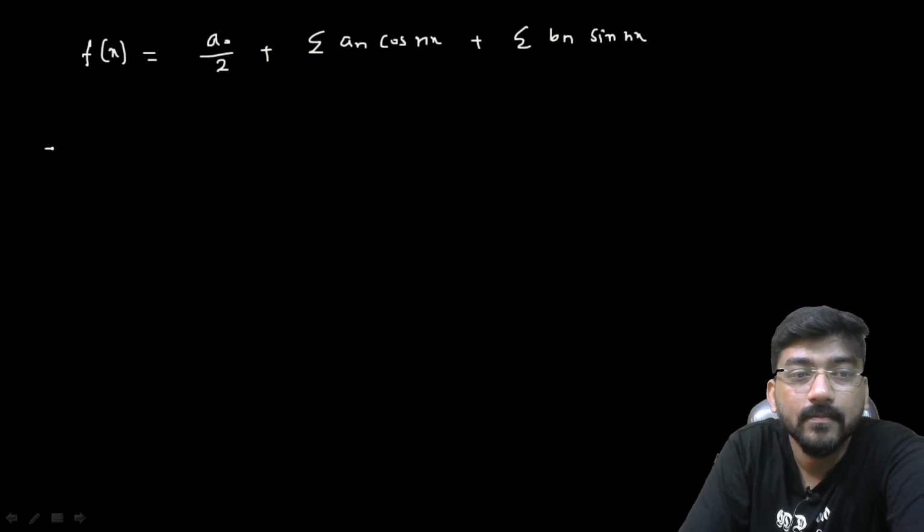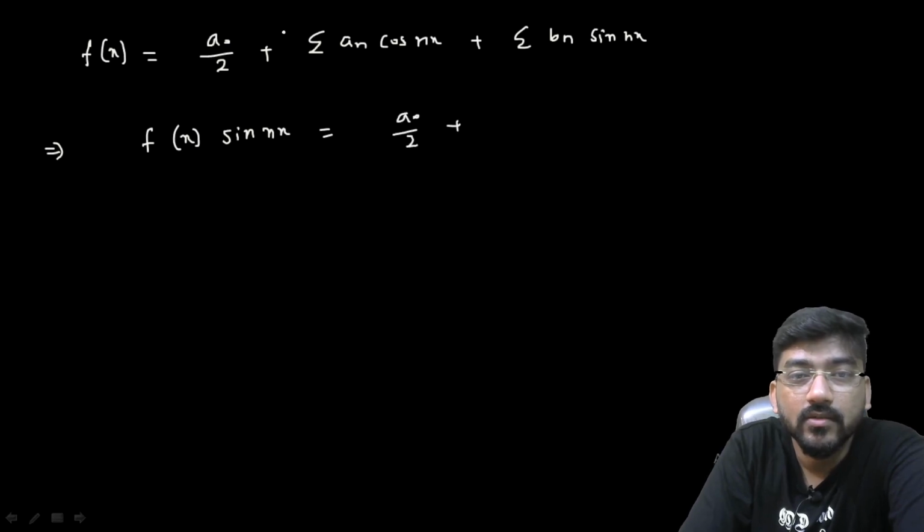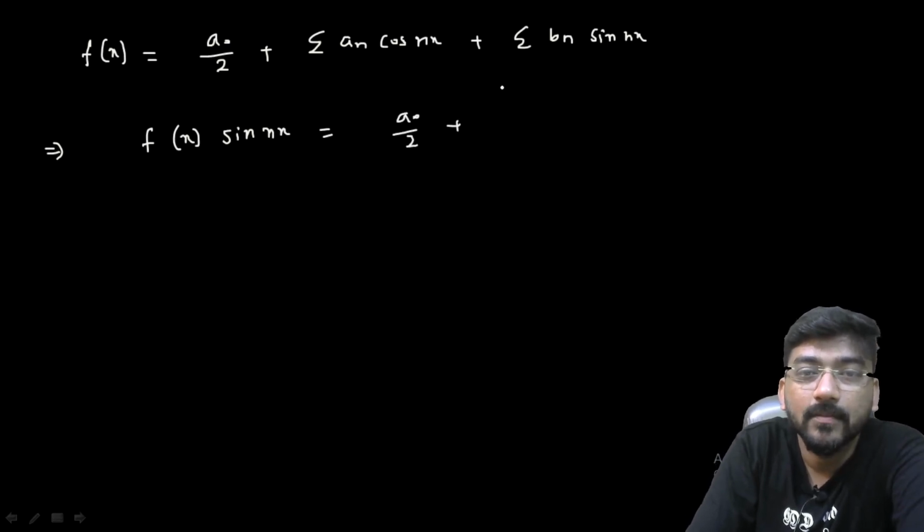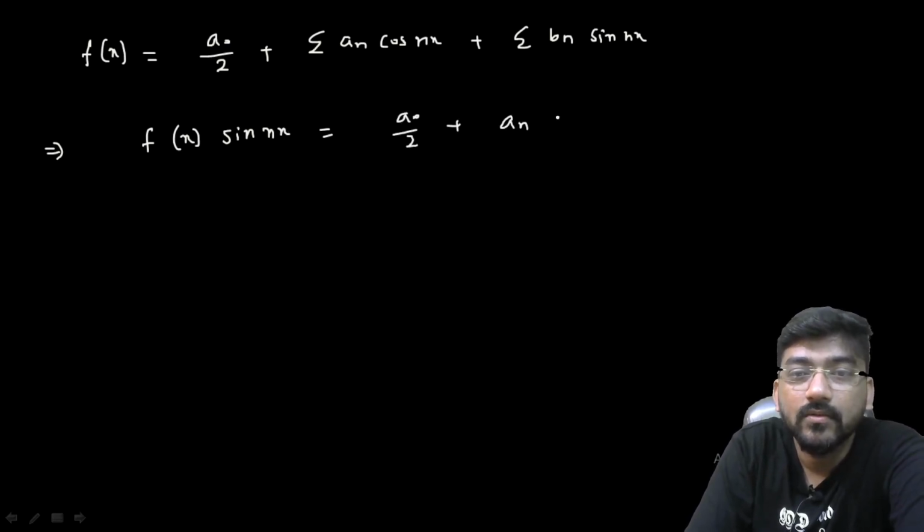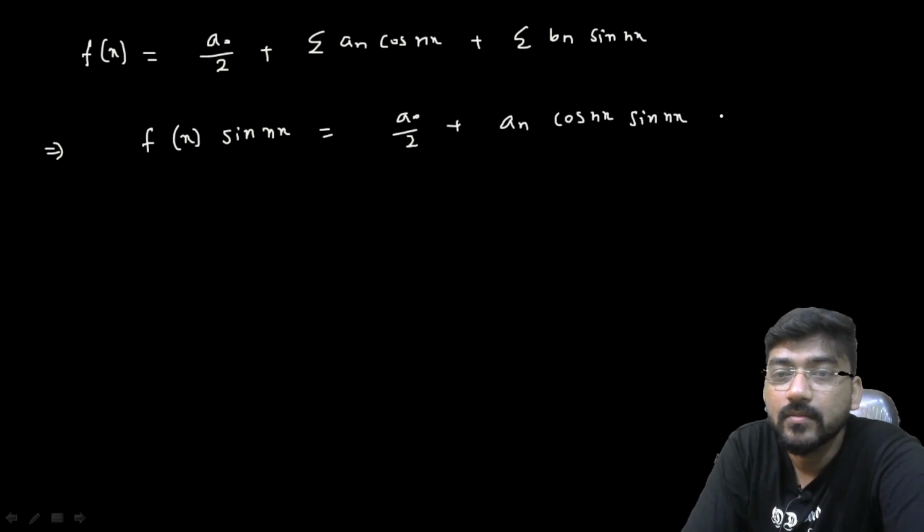So we will have f of x sin nx equal to a0 by 2, ignoring the summation sign again, so an into cos nx into sin nx plus bn into sin square nx.